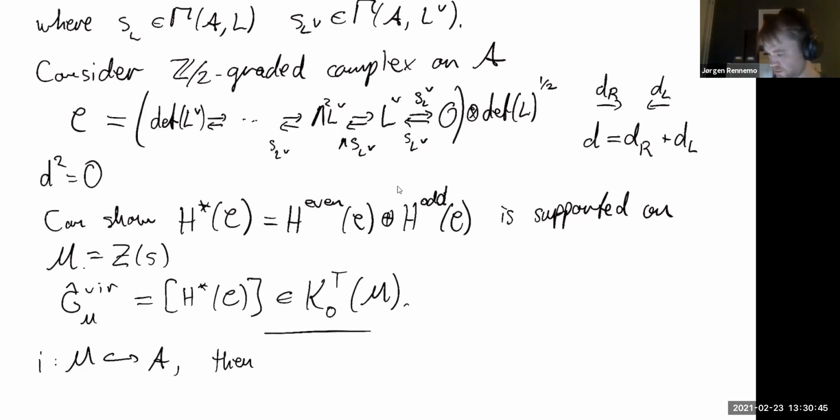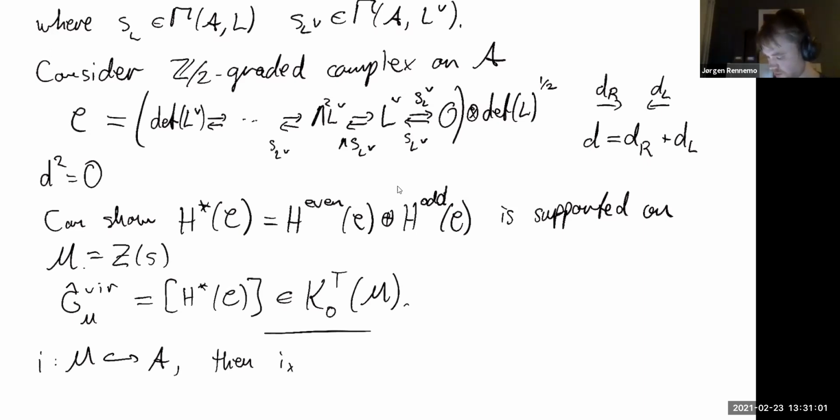So this is a complex on A. You take the cohomology of it to get something supported on M. But if you push that back into A, you can just use the complex itself to compute the K-theory.